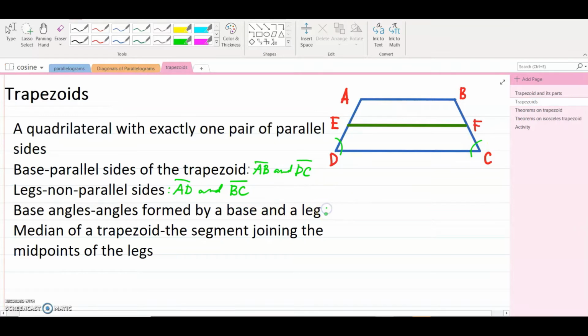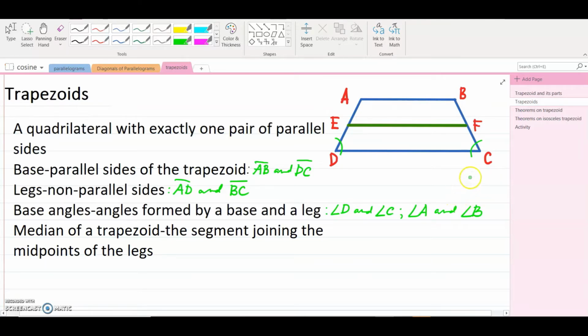So we have two answers there. We have angle D and angle C, angle A and angle B. So we have two pairs of base angles.